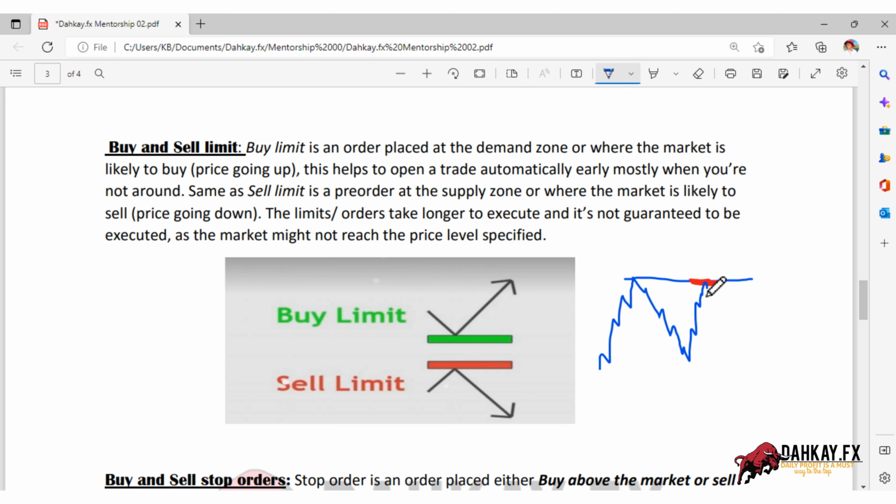This is more like ordering, guys. So if the market goes down, you'll be already in with your sell trade here. So that's what we call limits.